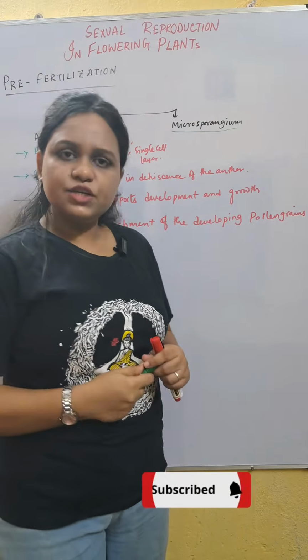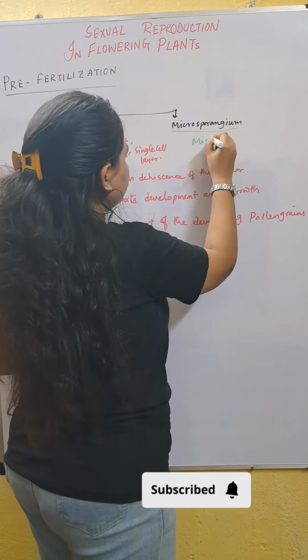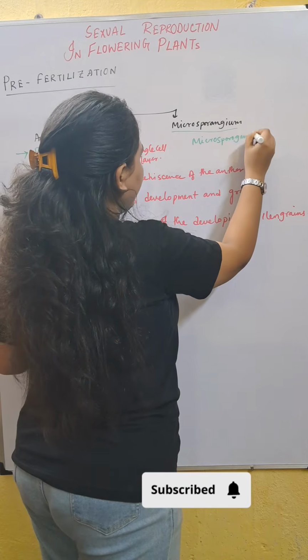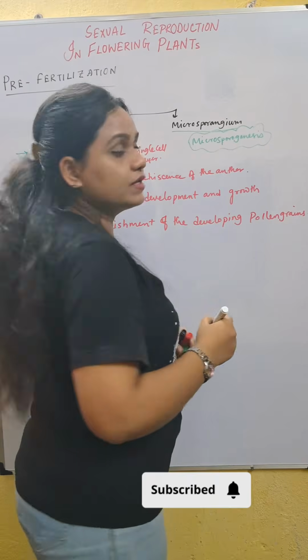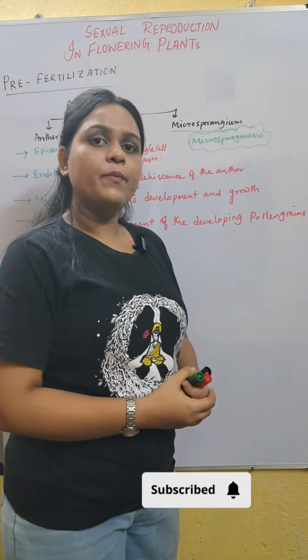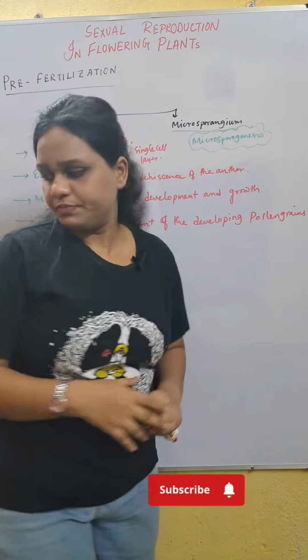Microsporangium is the tissue where microsporogenesis occurs.